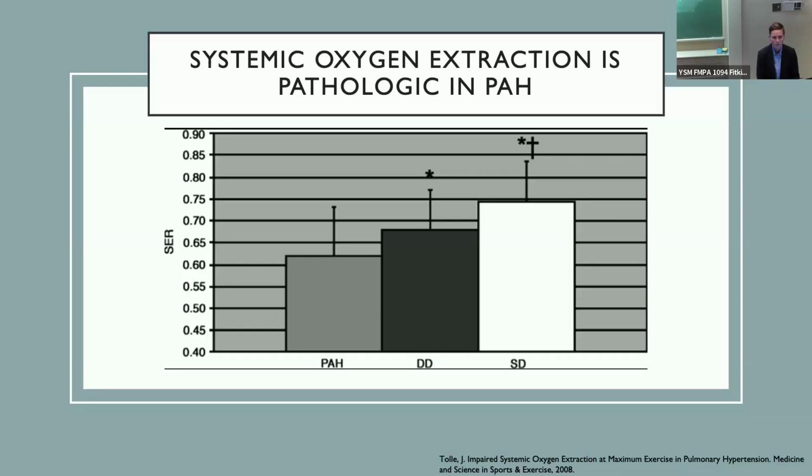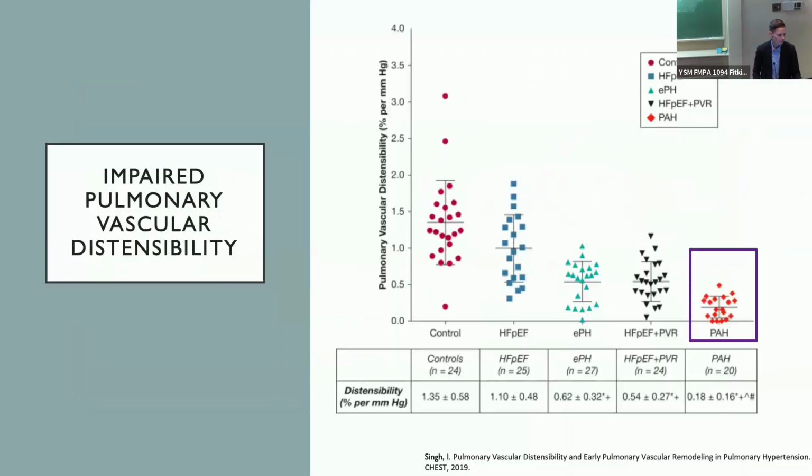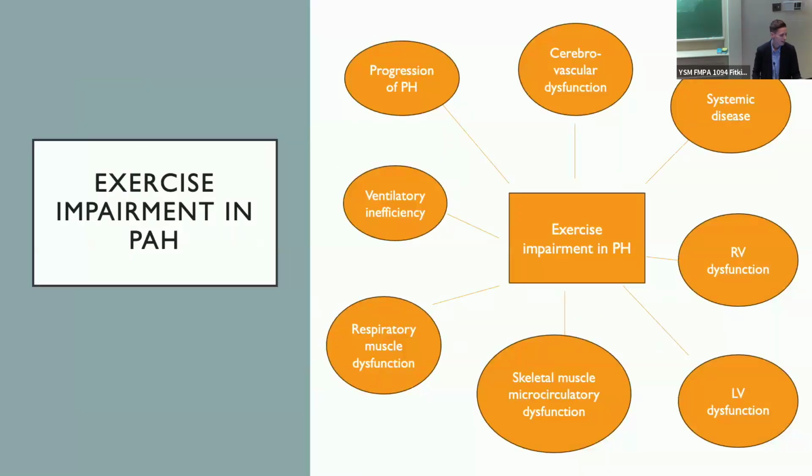One last question. In your slide indicating some of the mechanisms of exercise impairment in pulmonary hypertension, you indicated that the cerebrovascular bed was involved, and I was just curious what's going on there.